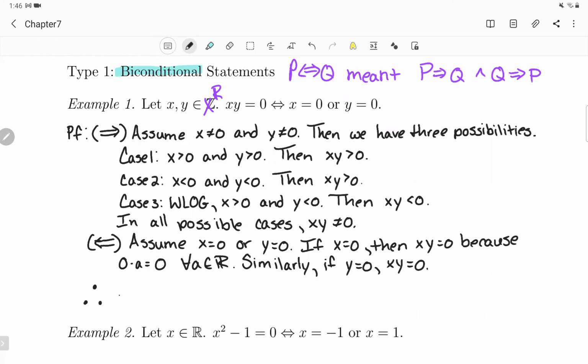But we can say, therefore, xy equals 0 if and only if x equals 0 or y equals 0. The 3 dots mean therefore, yes. All right. What questions do you have on that one? That's our first example of a biconditional proof.